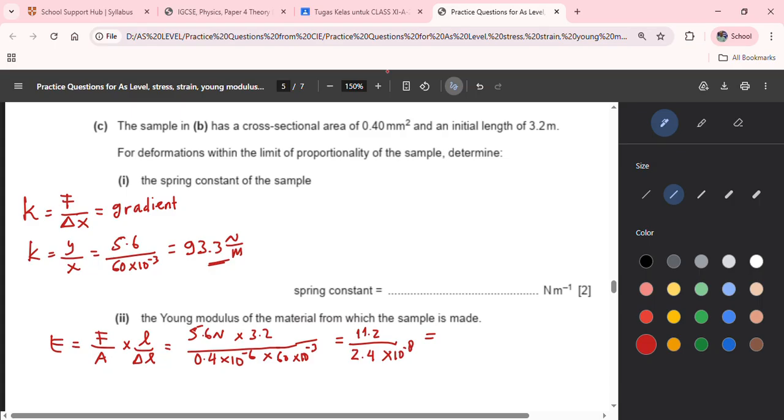So 4.67 times 10 to the power of 8 Pascal. So this is the answer for the Young modulus. Is there something wrong here? Wait, we will check it.